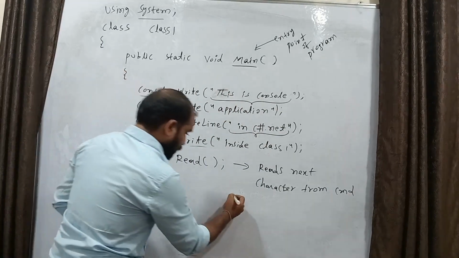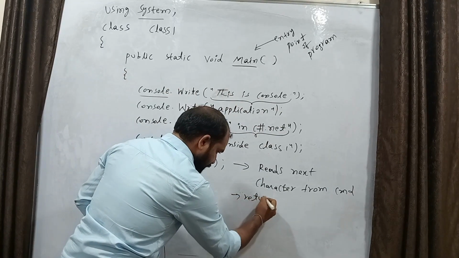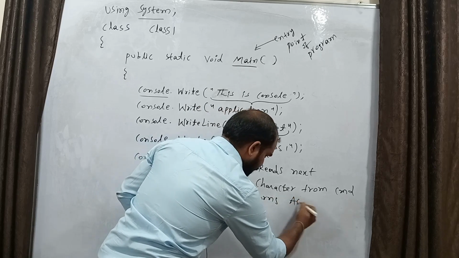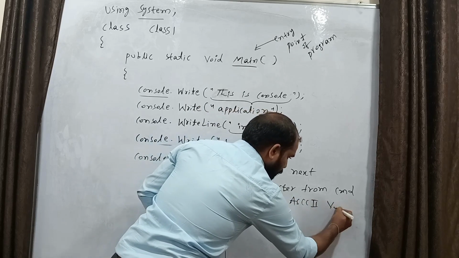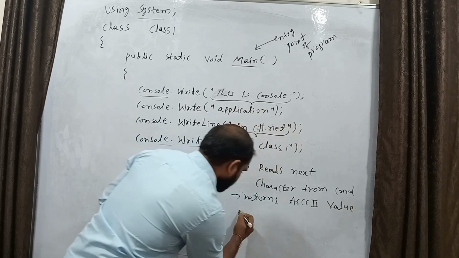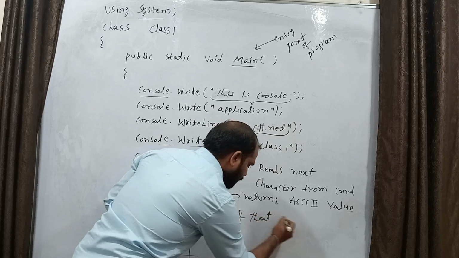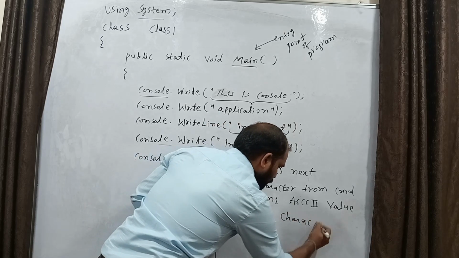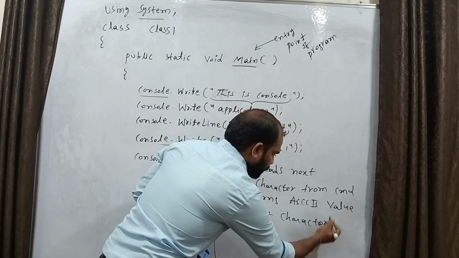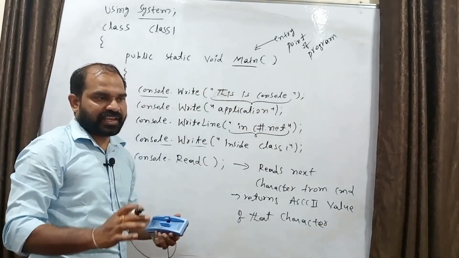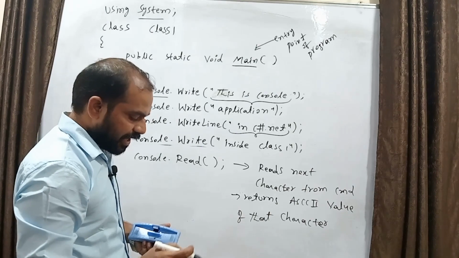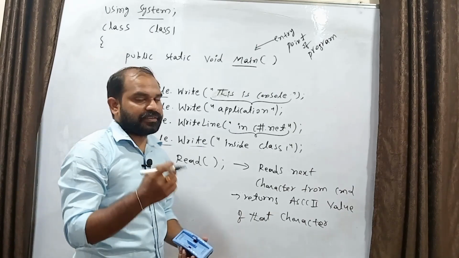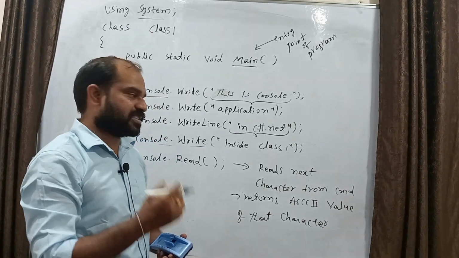And what does it return? It returns the ASCII value of that character. If you consider the keyboard, so many keys are there, and on every key a particular symbol is printed.